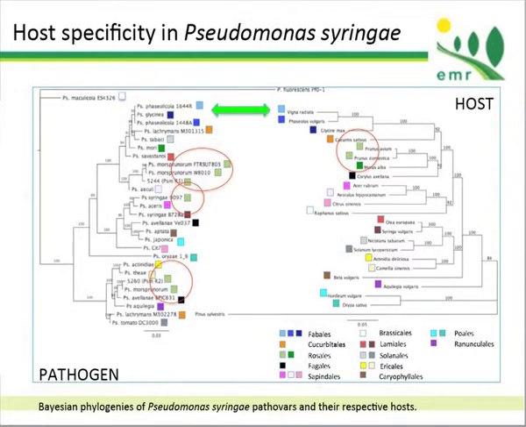And we see this here with three related bean pathogens infecting similarly related bean hosts. However, if we look at the rest of the Pseudomonas syringae phylogeny, we find very little correlation between the relatedness of the strains and which host they infect.